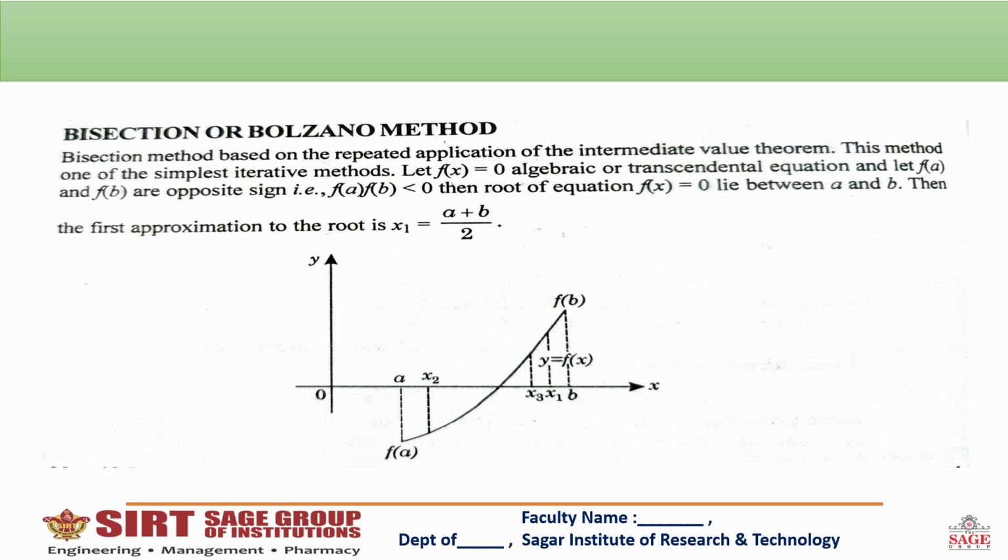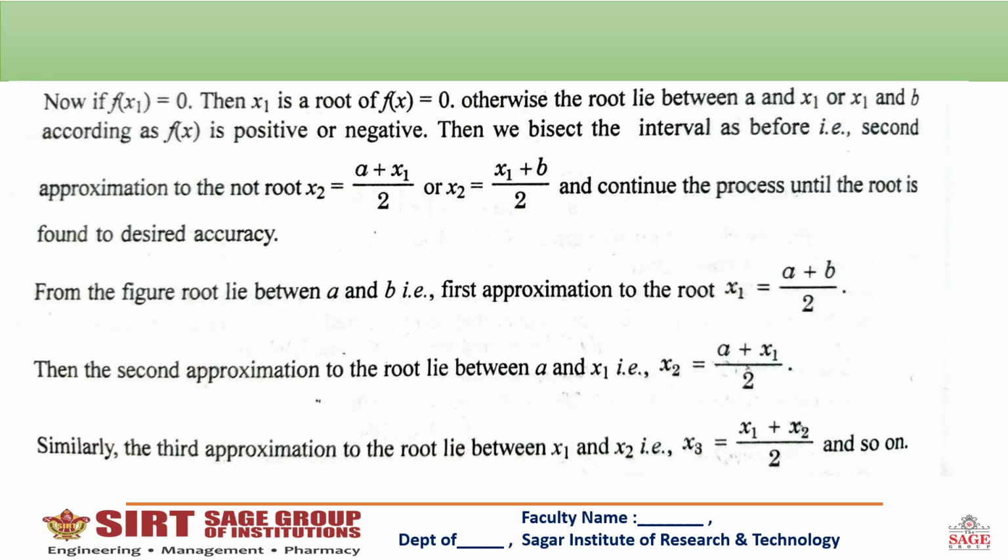Let the roots be a and b, which have opposite signs, so that f(a) into f(b) is less than 0. If this condition is satisfied, then we find the first approximation of the root, x1, that means the mean of both roots.